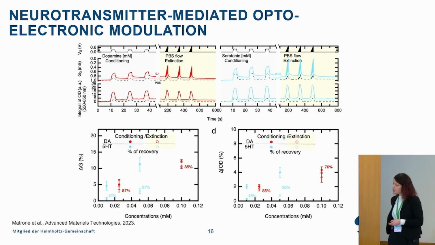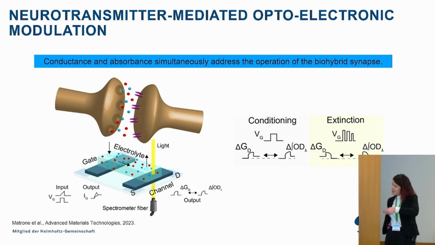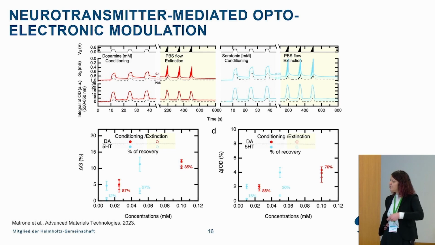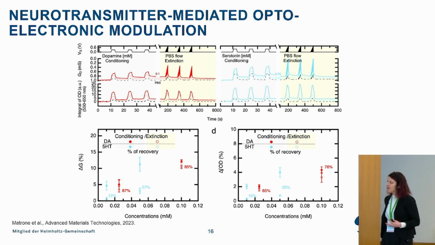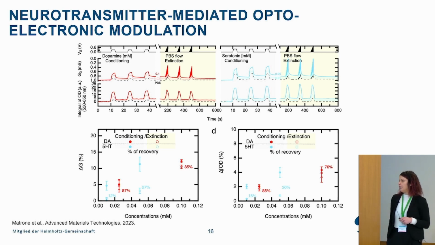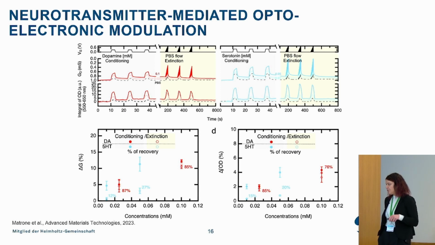And this is actually what we did. So we coupled the electrical system with a spectrometer fiber to do this simultaneous monitoring. And we found out that, depending on the concentration of the neurotransmitters, serotonin and dopamine together, we can have a very nice match in percentage of the conductance level change monitored by the two means, electrical and optical interaction.